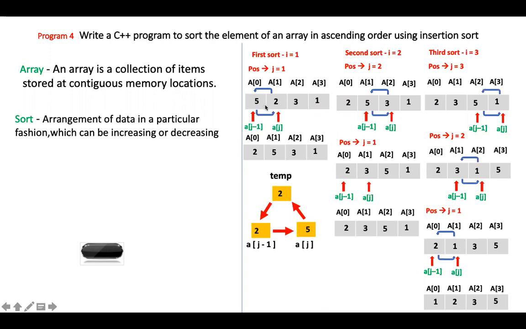Then it will compare the two numbers. If it is lesser, it will exchange the numbers. If it is not lesser, it will not exchange. So it will keep on doing this until it finishes your arrangement in ascending order. So if you have 4 memory locations, it will take 3 sorts. If you have 5 memory locations, it will take 4 sorts. Okay.